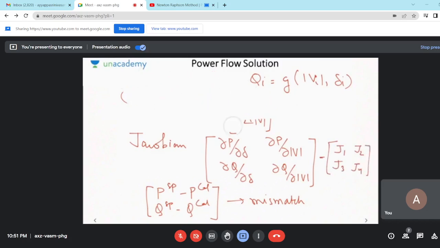Now if we wish to determine the correction vector, we will take the inverse of the Jacobian.